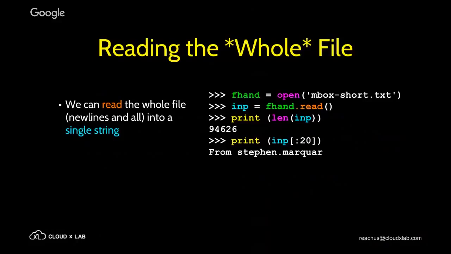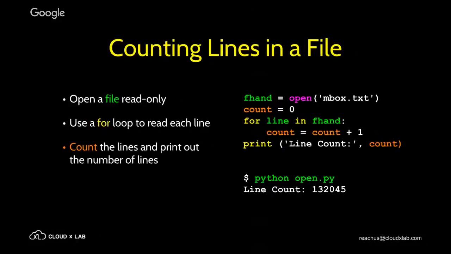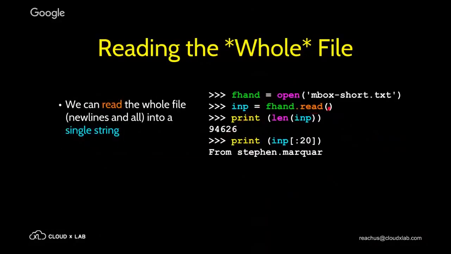If you want to read the whole file, you can simply call a method called read, the one that we called earlier. It'll read the entire file as a string. On that string, you can compute length, you can take a substring, and you can do whatever operations are allowed on a string.